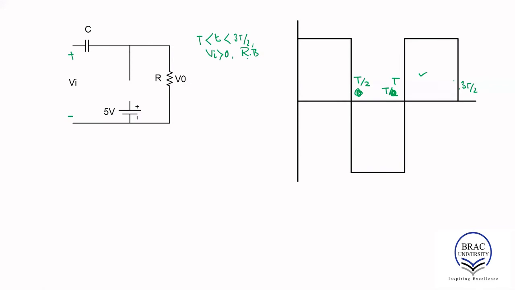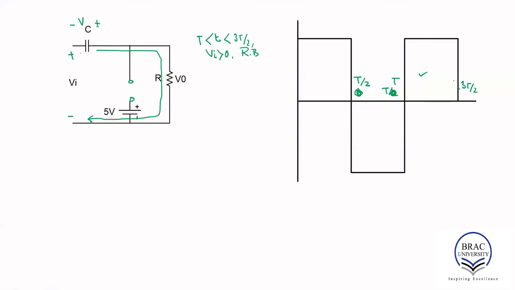Now, since the diode is reverse biased, the diode is off. And the current will be flowing from the positive terminal to the negative terminal through the external circuit. That means the capacitor will no longer be charged, because the direction of the current has reversed. The capacitor charging polarity was this.